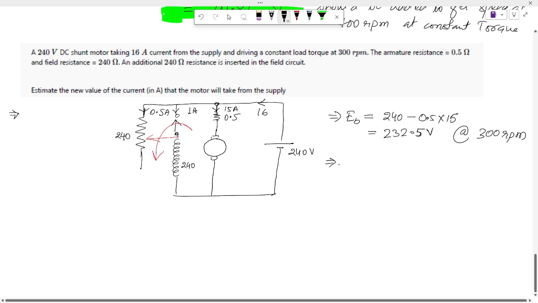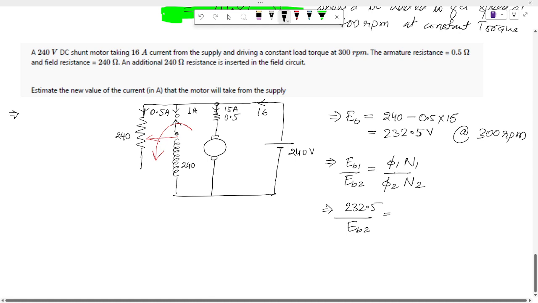Can I write like this? EB1 by EB2 is phi 1 N1 by phi 2 N2. EB1 is 232.5, EB2 is unknown, phi 1 is phi 1.